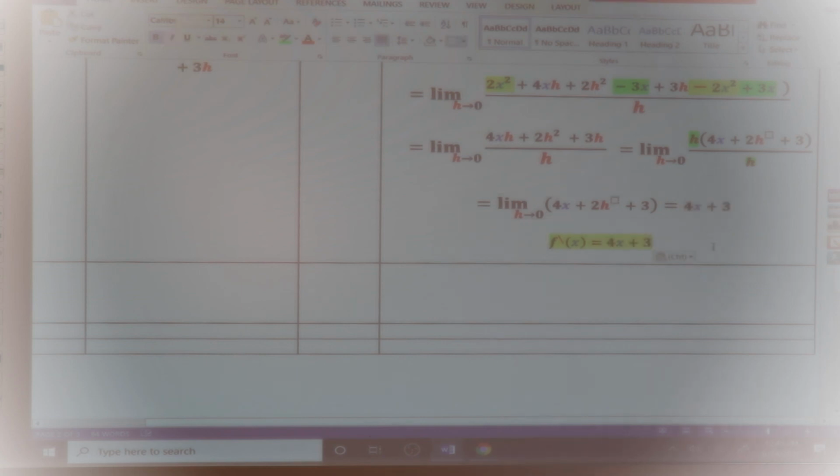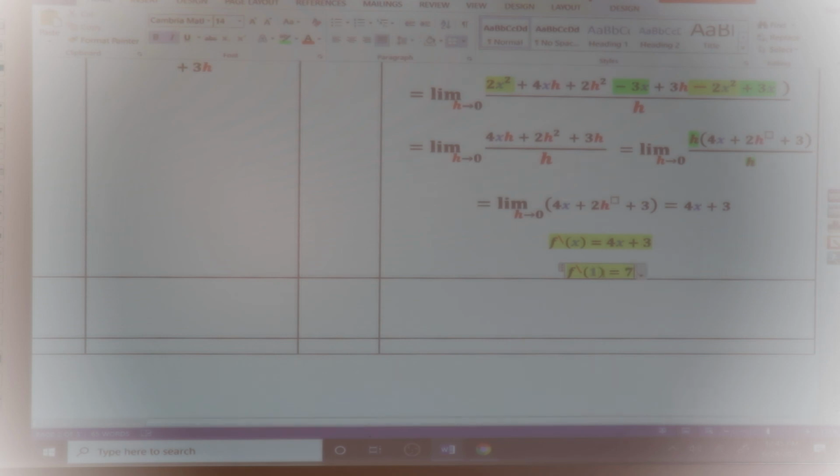This is my derivative. If I need, as an example, f prime of 1, you plug 1 where? In here. 4 times 1 is 4, plus 3 is 7.